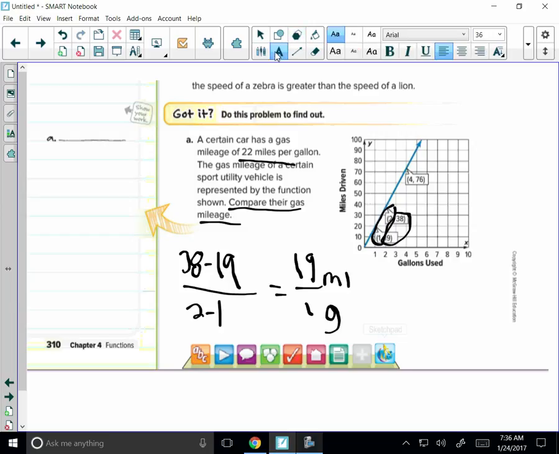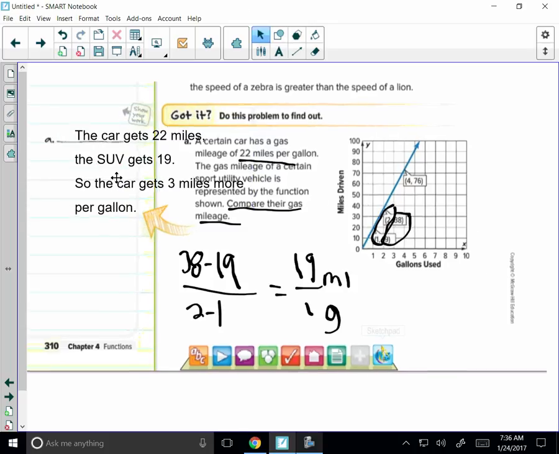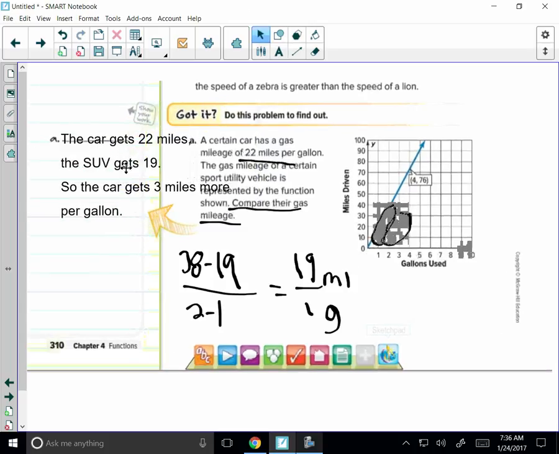So in order to compare these, I can just look at those numbers, make this one a little smaller, and I can tell you that the car gets 22 miles, the SUV gets 19, so the car gets 3 miles more per gallon. So that means that the car is obviously getting the better gas mileage.